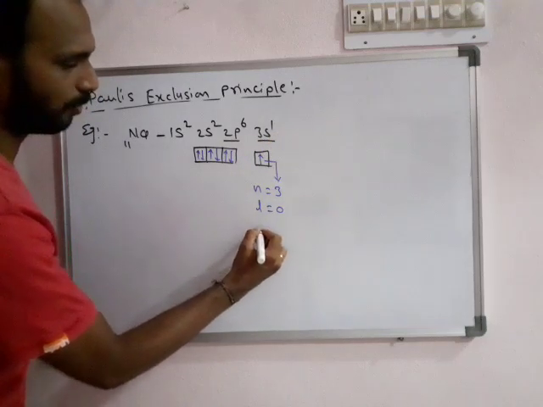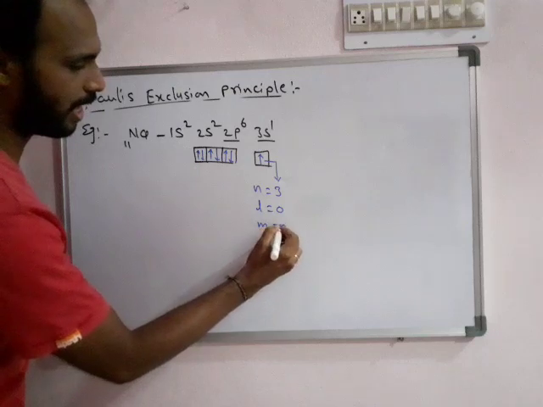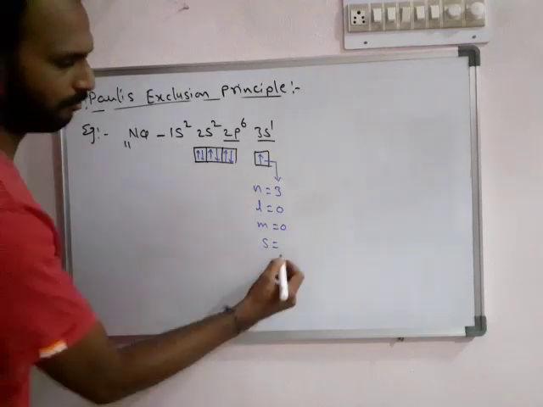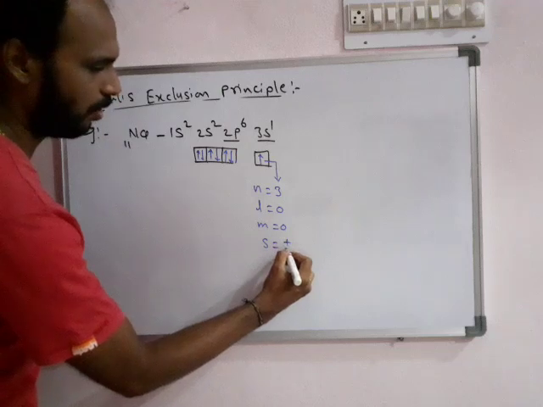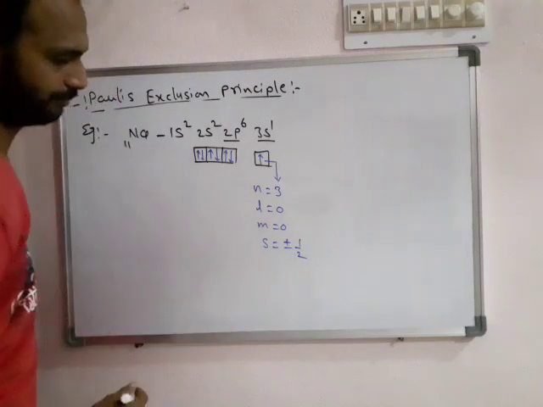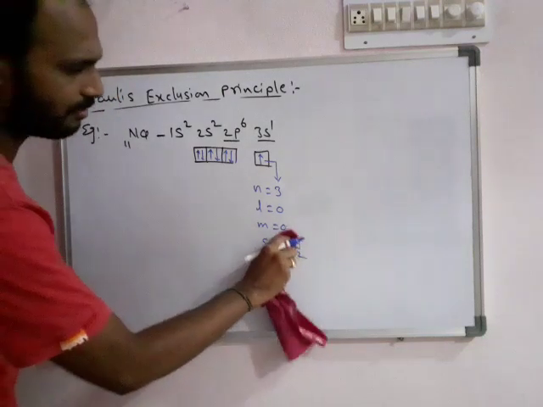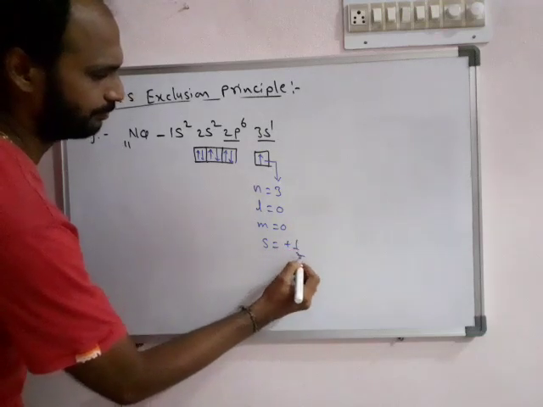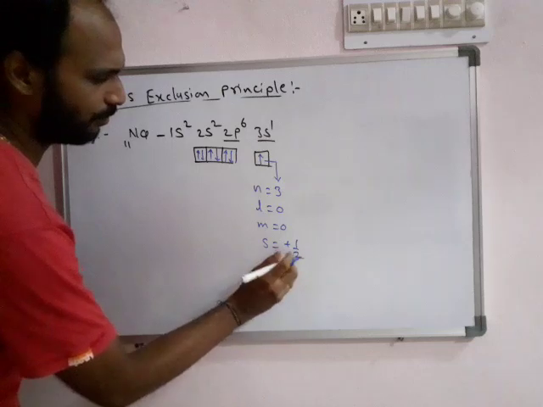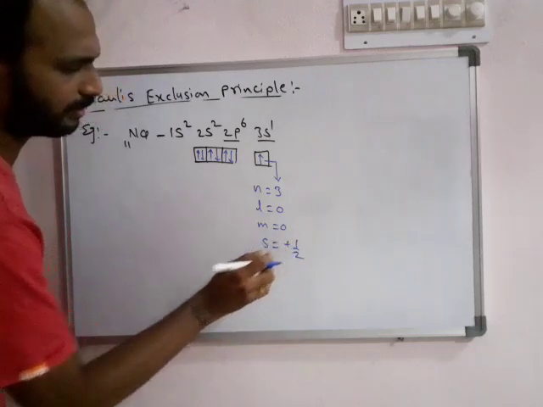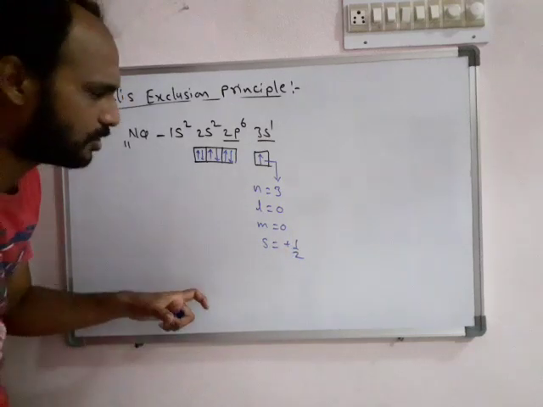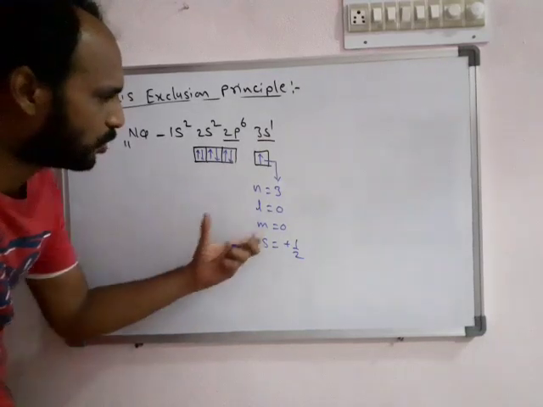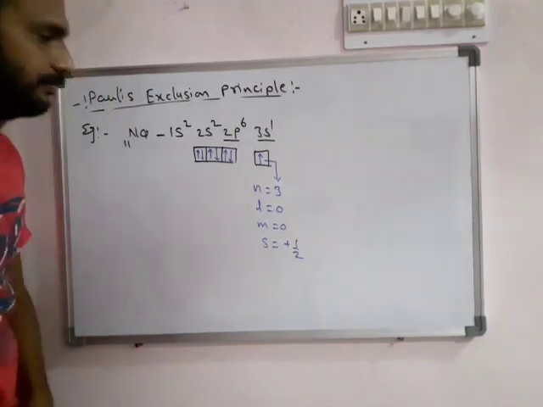l equals 0. If l equals 0, we know m is equal to 0. s is equal to plus half or minus half. Okay, anyone we can take. For example, for the first electron, we are taking plus half. Means we need to follow any one of the things. So first electron plus half తీసుకుంటే అన్ని first electron plus half తీసుకోవాలి. లేకపోతే first electron minus half తీసుకుంటే అన్ని box తో అలాగే తీసుకోవాలి.